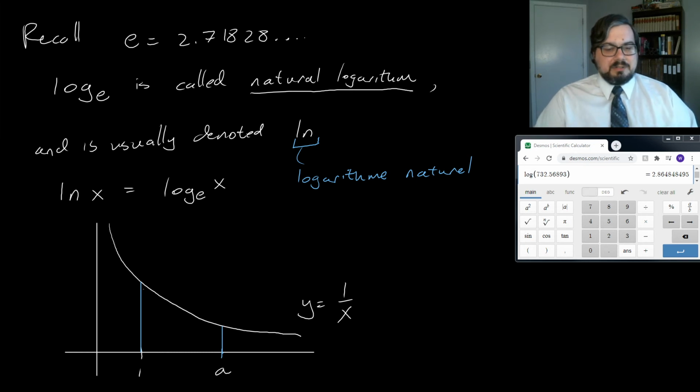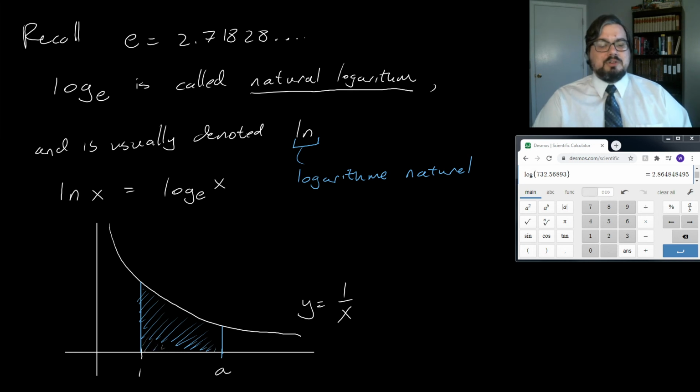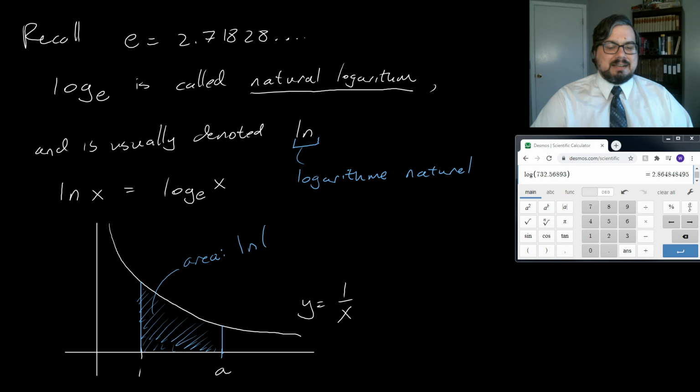And we look at this region that lies under the curve y equals 1 over x and sits between the x value of 1 and the x value of a. Well, it turns out that the area of this region is exactly the natural logarithm of a.